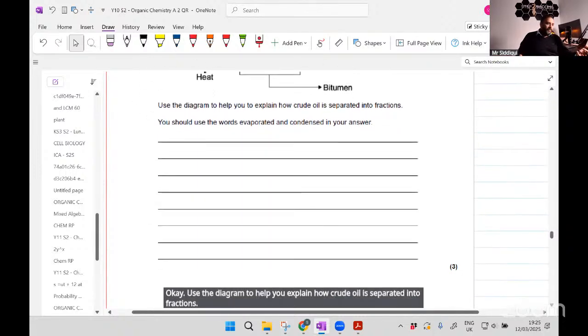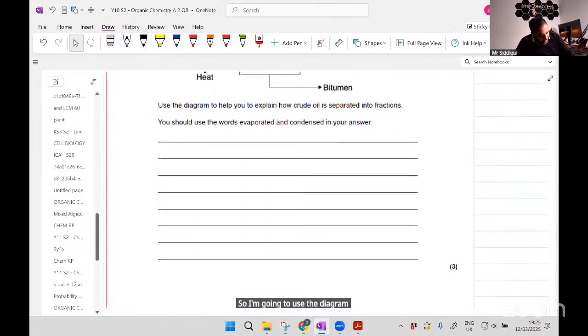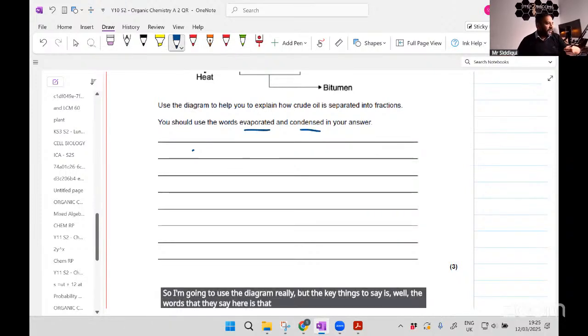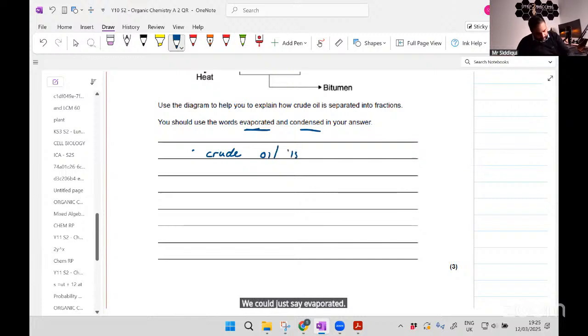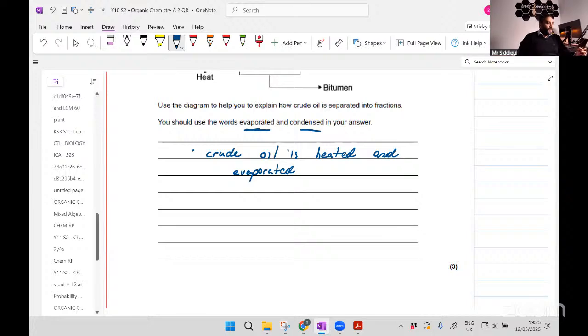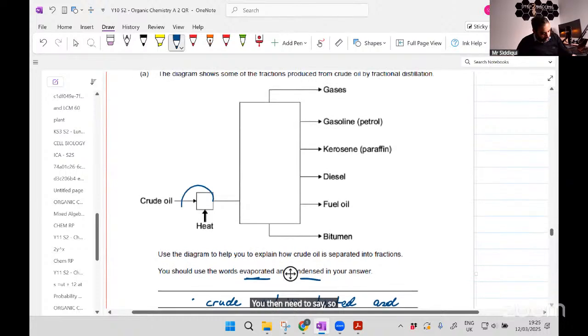So I'm not going to use the diagram really, but the key things to say is, well, the words that they say here is that at the beginning, the crude oil is heated until it evaporates. Or you could just say evaporated. You then need to say, so what happens here is that when you heat all of this up, the gas goes into here, and as it rises up the column, it cools.